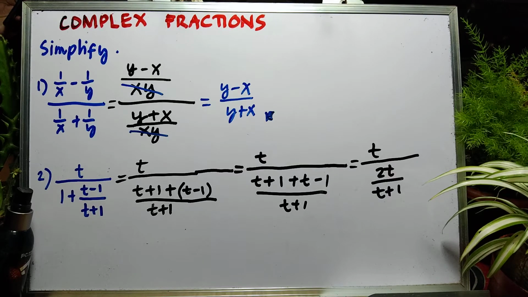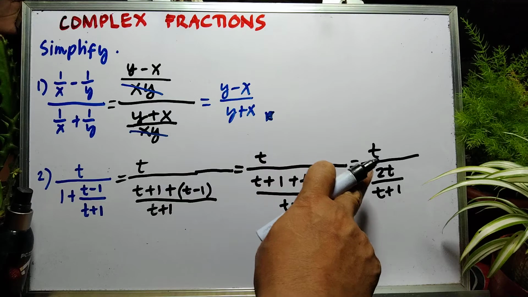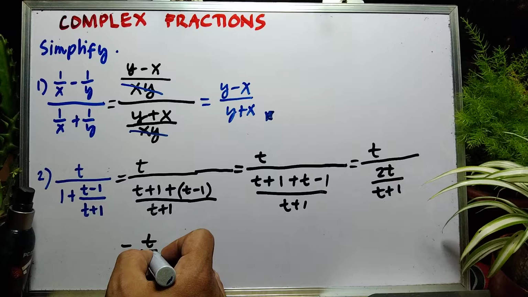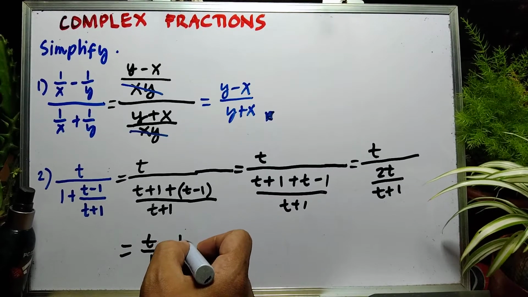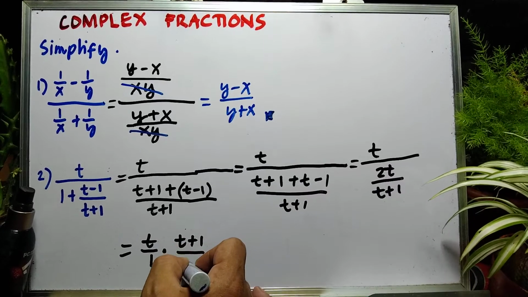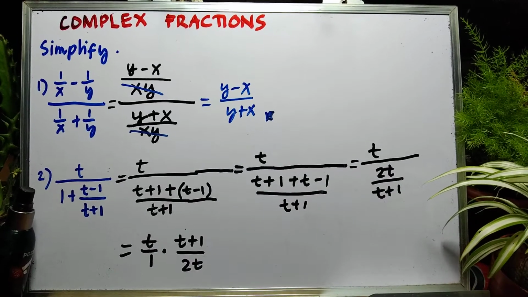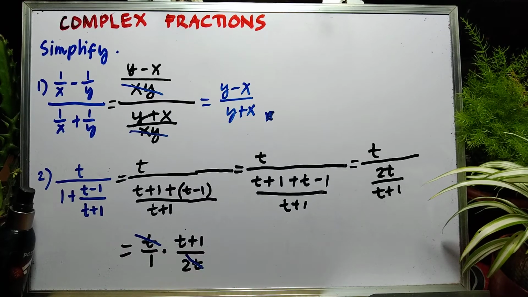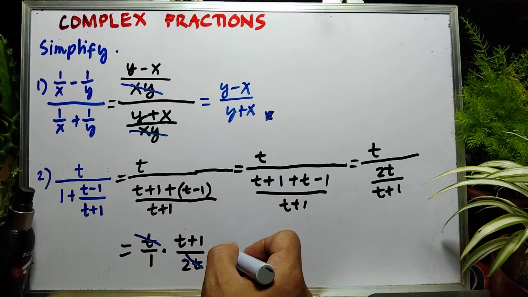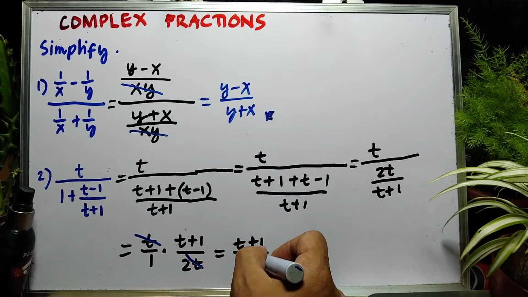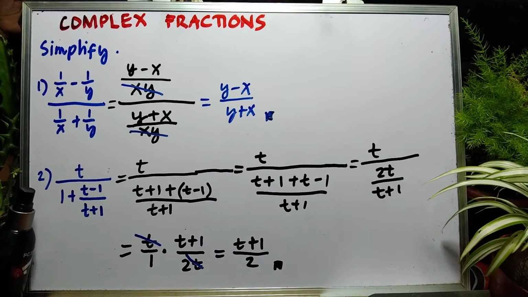So not yet, no? So it's a division. So you have now t over 1 times the reciprocal t plus 1 over 2t. Okay? So now, makancel na to si t. We could cancel t. So what is left? Your final answer would be t plus 1 all over 2. Okay?